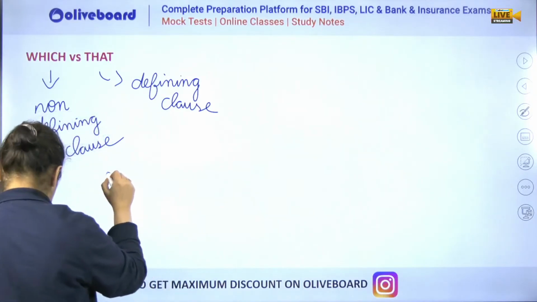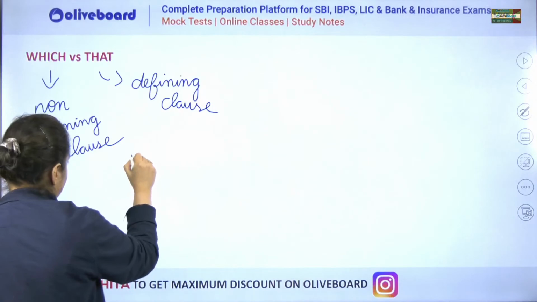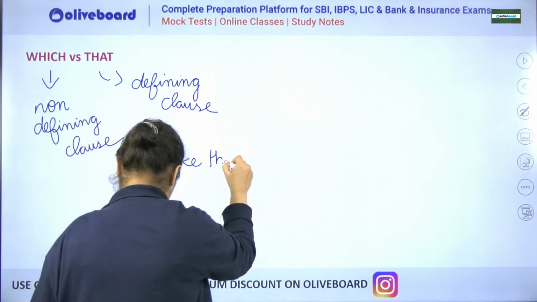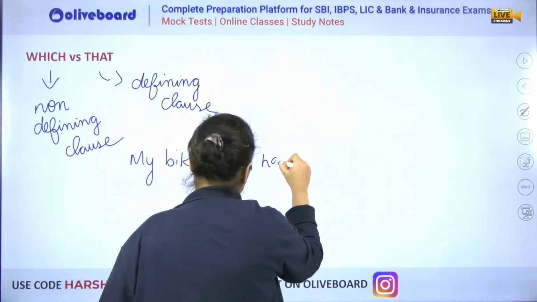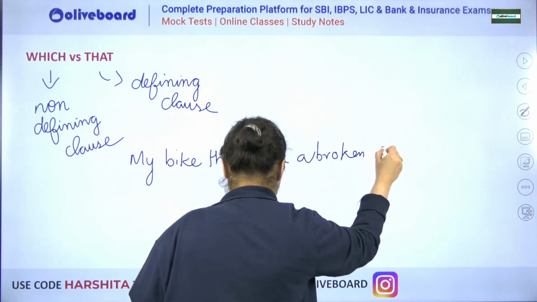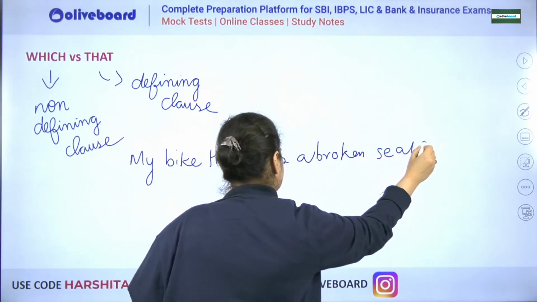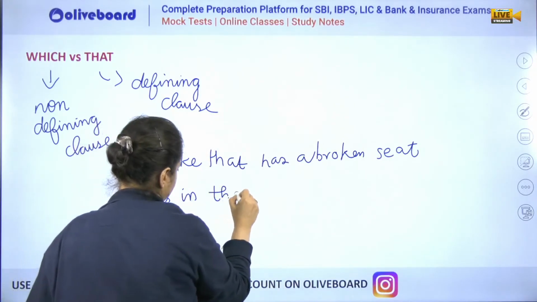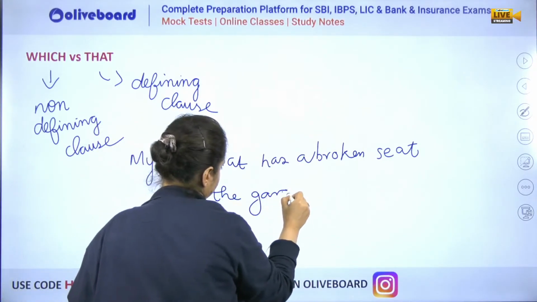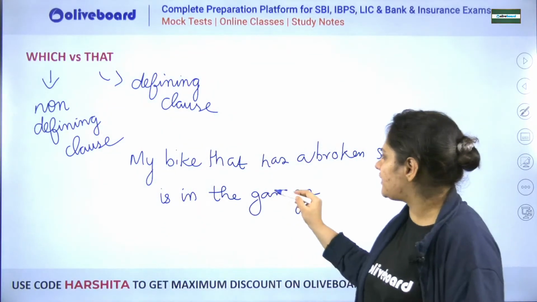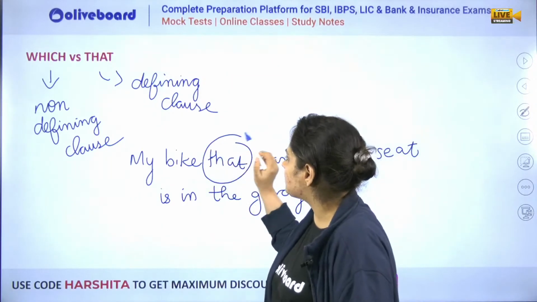Now if I say, my bike that has a broken seat is in the garage. Even after writing just this, my bike, now I am using that. Why didn't I use which? Why am I using that here?